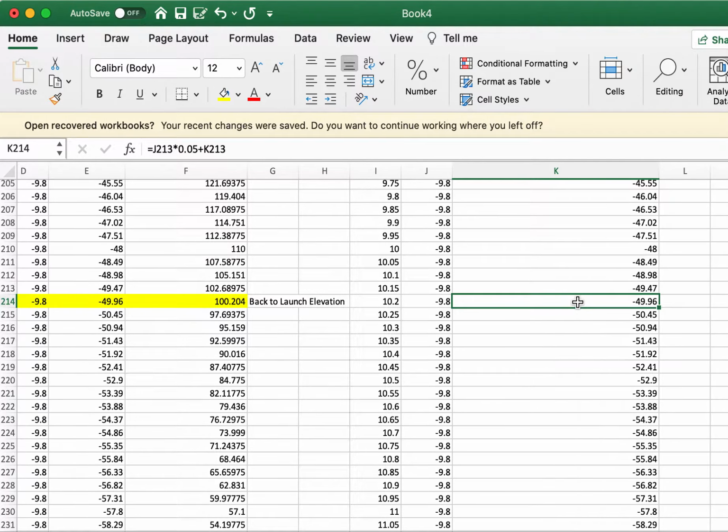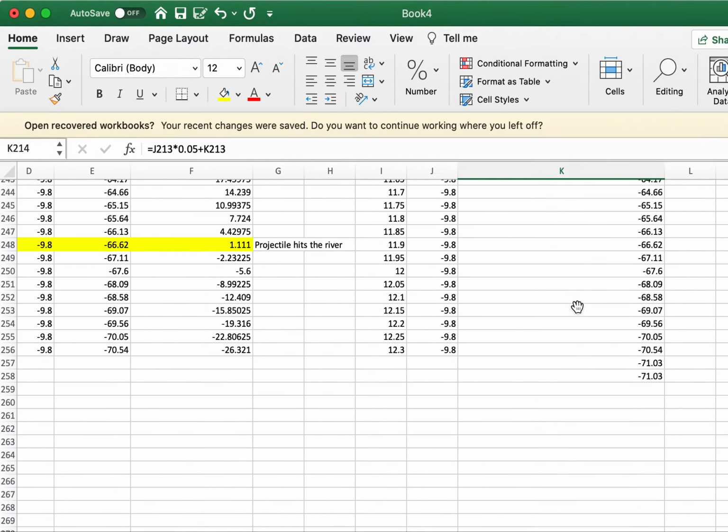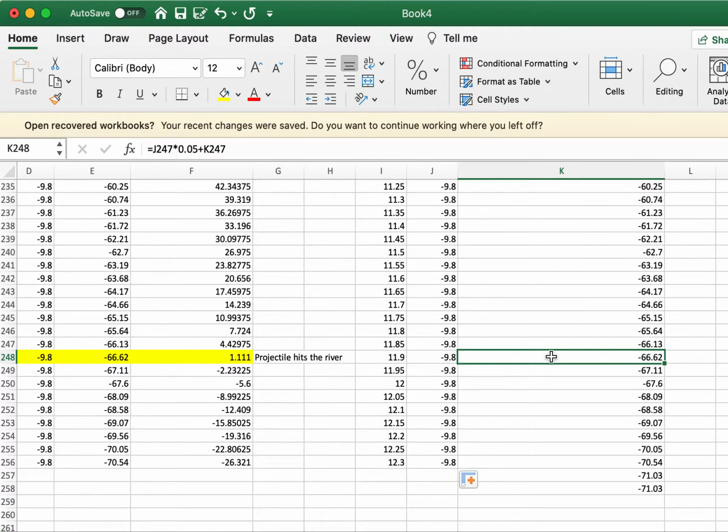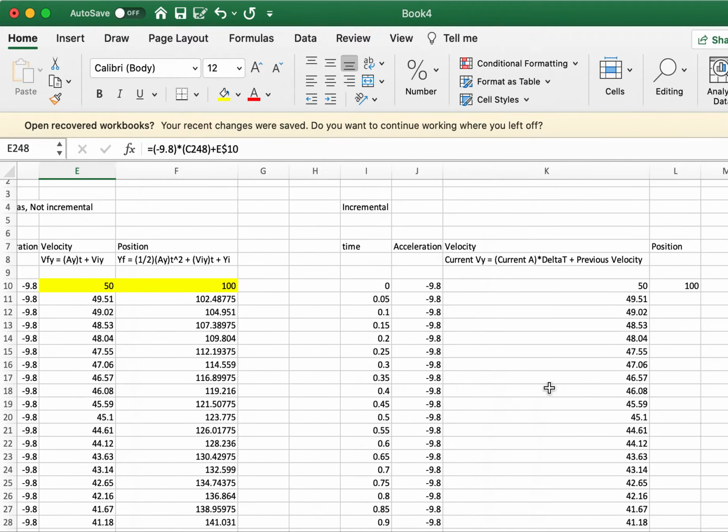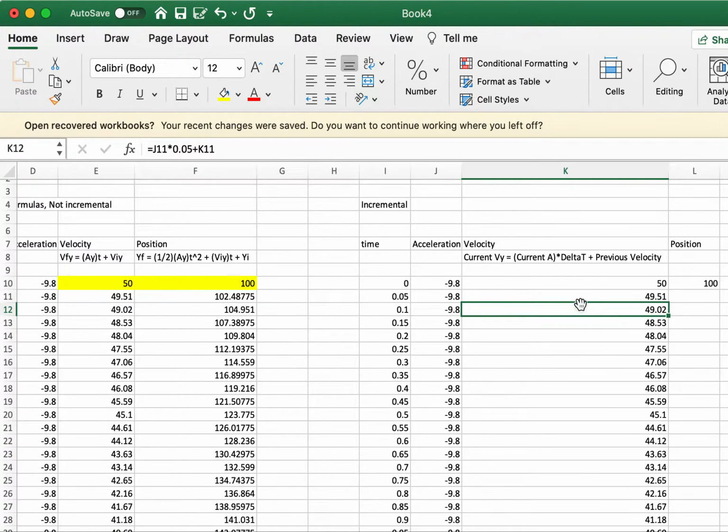Final velocity, negative 66.62. So both approaches are working well. And just to make it clear, Excel is going to advance that. When you go to the next one, it's going to take the 49.51 and then multiply the acceleration times delta t to get the new cell.